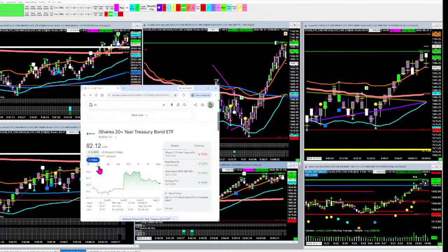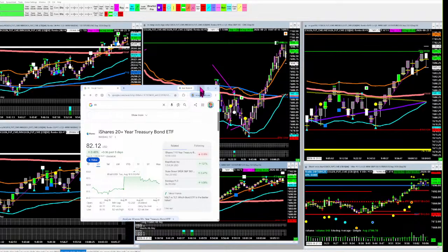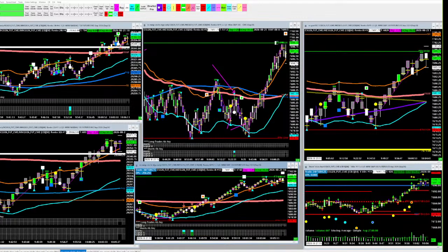here's the 5-day. Ed, help me out with that. That thing's inverse, right? I always get this confused in my head. Interest rates go down, price goes up; interest rates go up, price goes down. I'm pretty sure it's opposite from what it usually is.